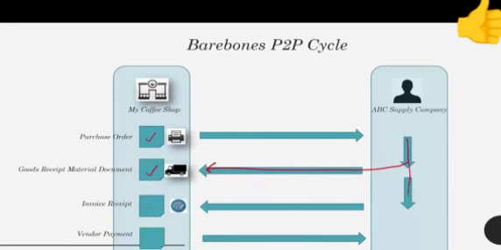And after a certain amount of time, the vendor also sends us an invoice, and we document it as an invoice receipt in the system. And finally, when we are ready to pay the vendor, we issue payment to the vendor. These 4 transactions constitute the bare bones P2P cycle, or procure to pay, P2P.